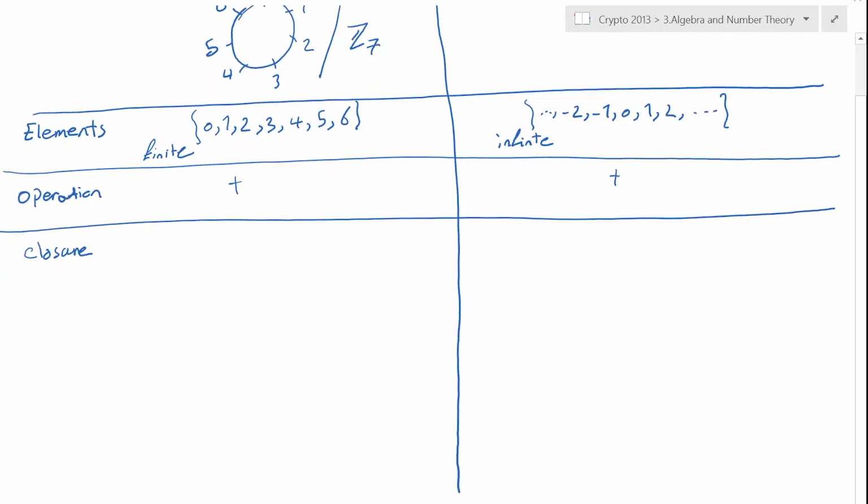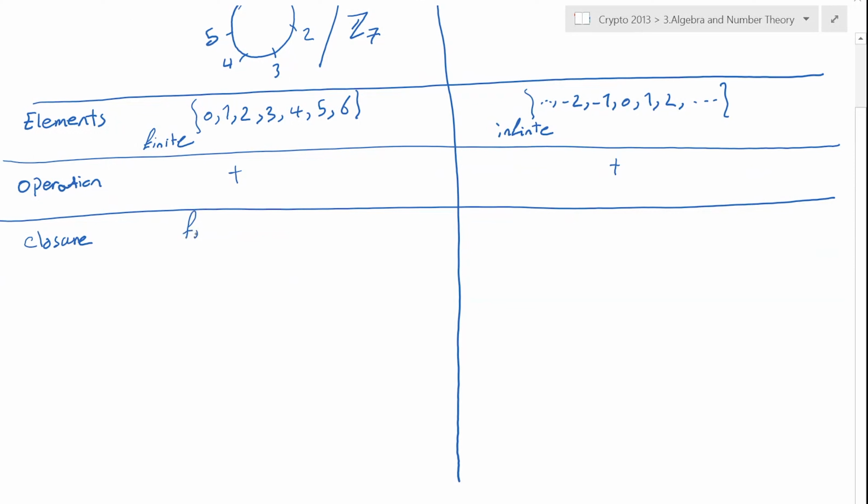That is very important. So we say that for any A and B that you take from Z7, if you do A plus B, of course mod 7, this would be an element in Z7, right? So this is very important.